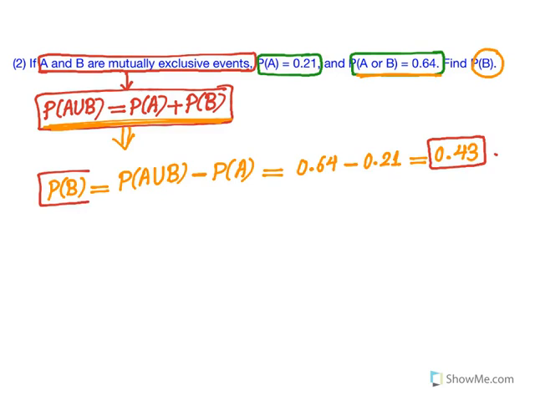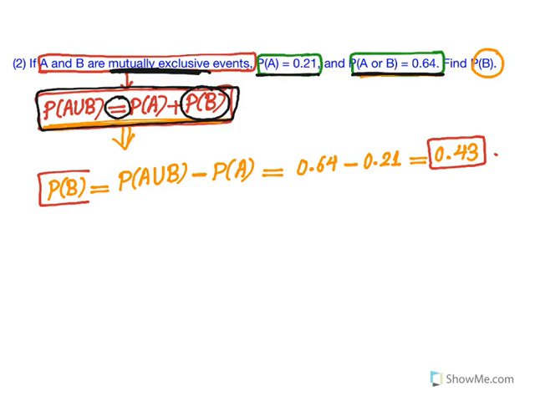Okay, so remember that because they were mutually exclusive, we immediately knew that we can use this rule, and from this rule we can get the probability of B, because we are already given the other two components of this equation.